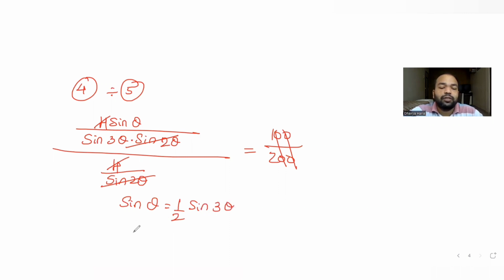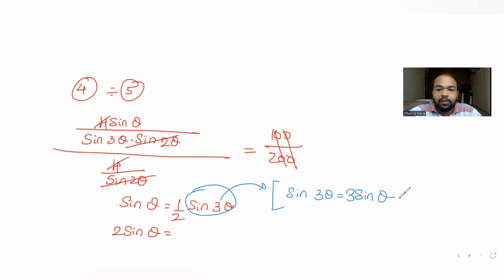Now if I solve this further, I get 2 sine theta is equal to sine 3 theta. We already know that sine 3 theta is given as 3 sine theta minus 4 sine cube theta. So I write it as 2 sine theta equals 3 sine theta minus 4 sine cube theta.